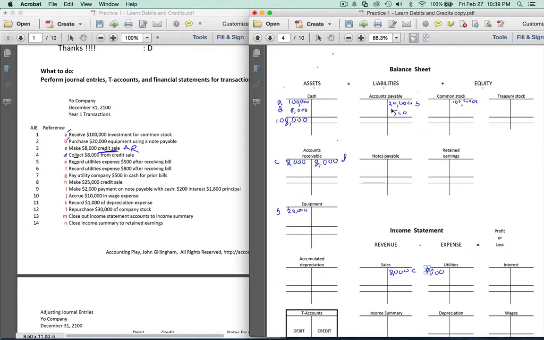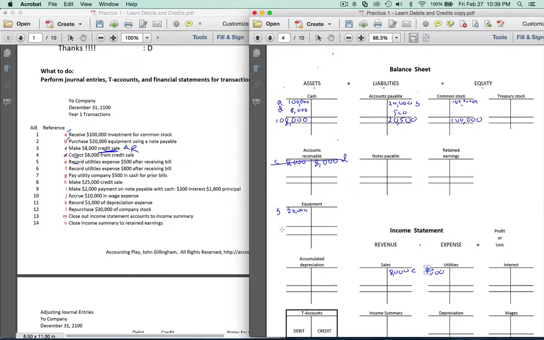Accounts payable, 20,000 plus 500 is 20,500. Common stock, bring it on down, 100,000. Accounts receivable is effectively canceled.